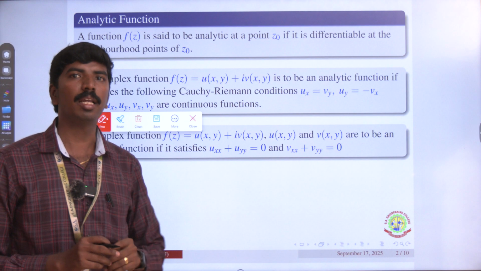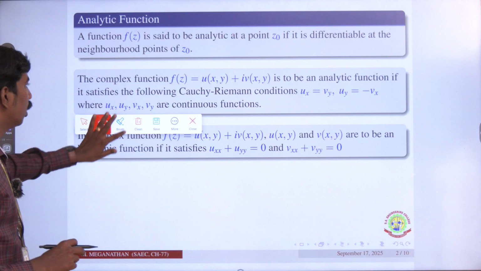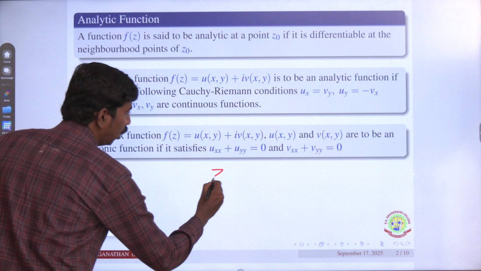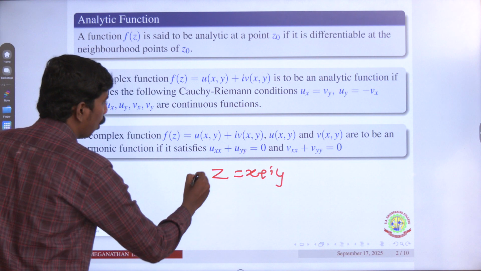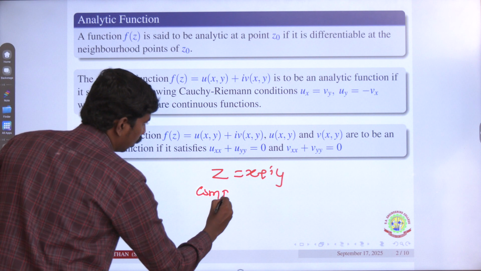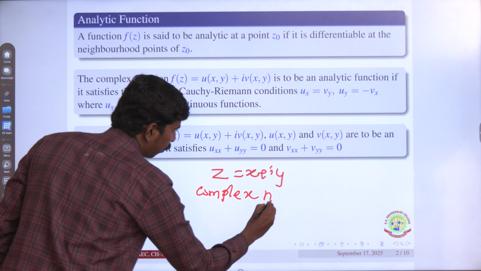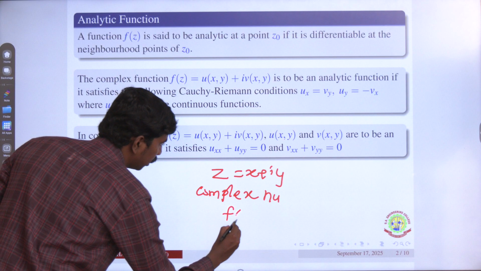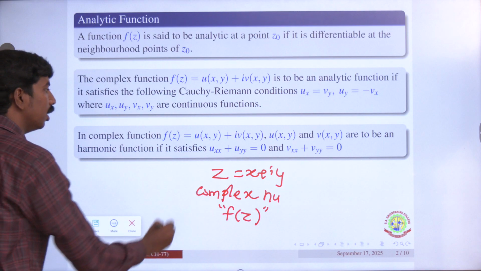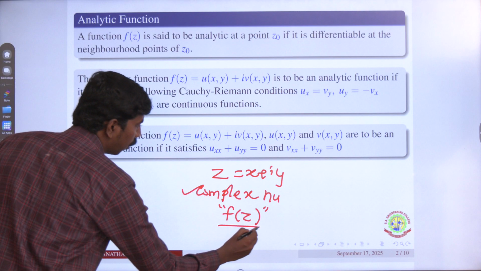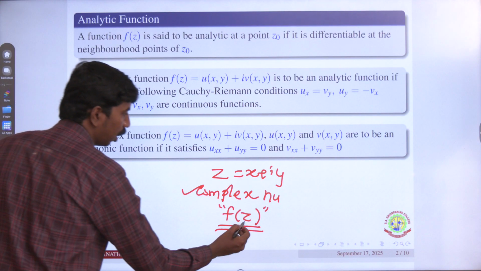So in complex analysis, we know that z equal to x plus iy represents the complex number. When we go for a function that is represented as f of z, z is a complex number and f of z represents the function of z.